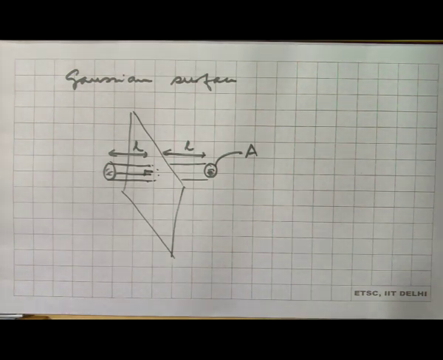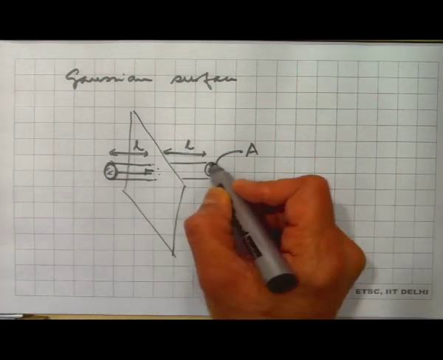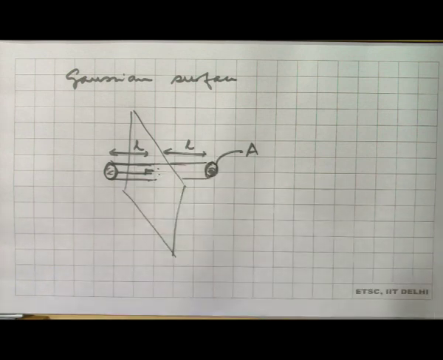Now let me look at what is the flux coming out of this closed surface. The closed surface consists of these two flat surfaces here and a cylindrical surface connecting these two surfaces, such that the plane surface charge density is intersecting the cylinder right through the center of the cylinder.